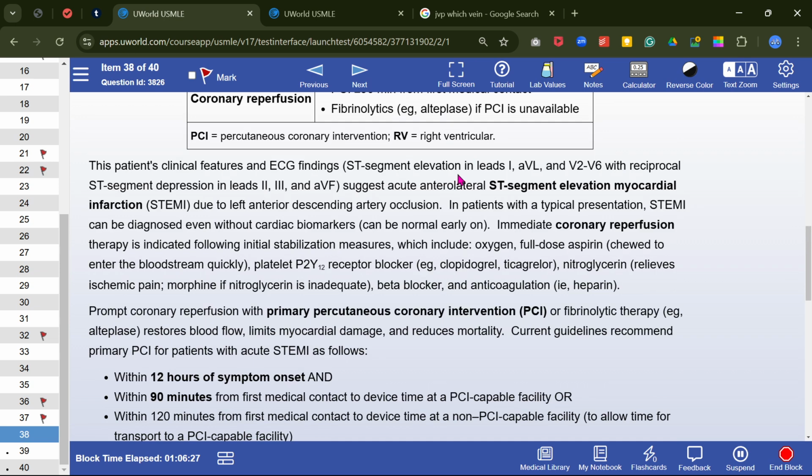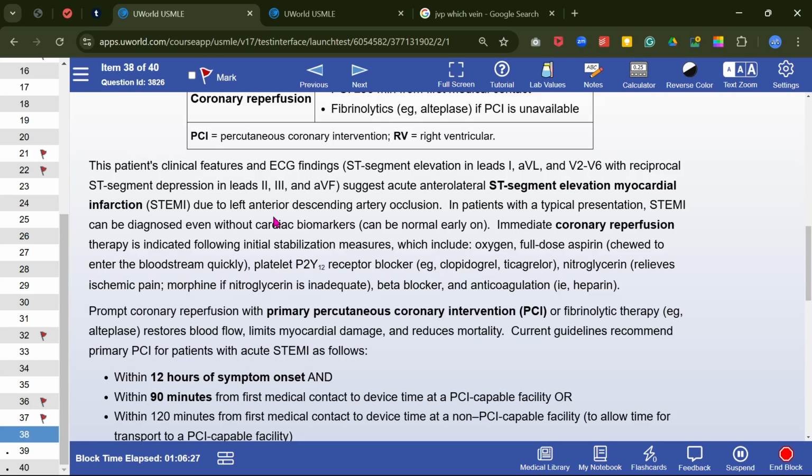So this patient's clinical features and ECG findings, ST elevation in lead I, aVL and V2 to V6 with reciprocal ST depression in II, III, aVF, suggest anterolateral ST elevated MI due to a left anterior descending artery occlusion.